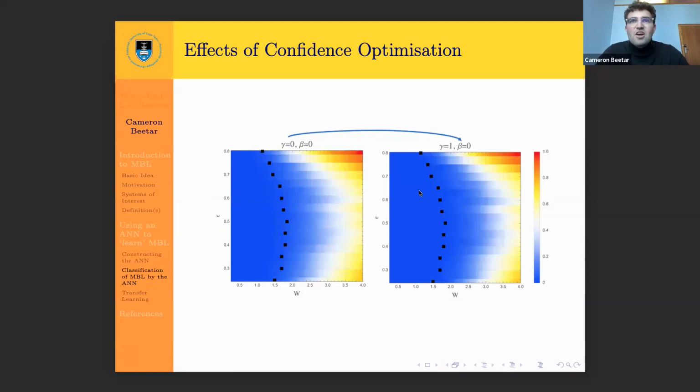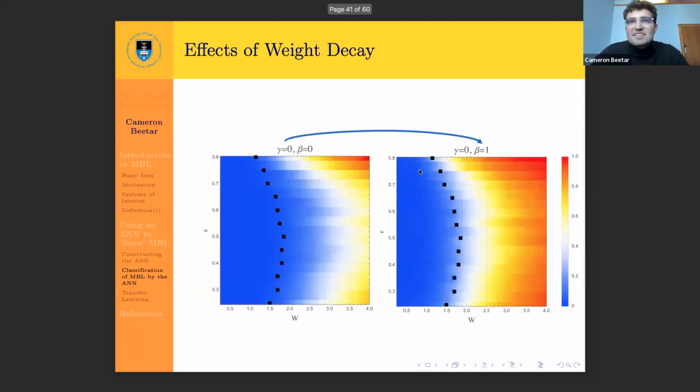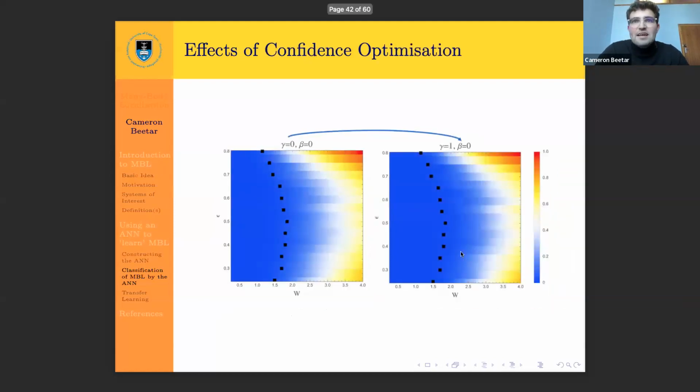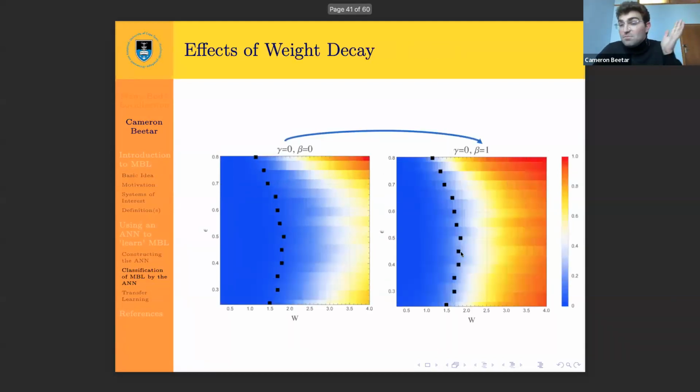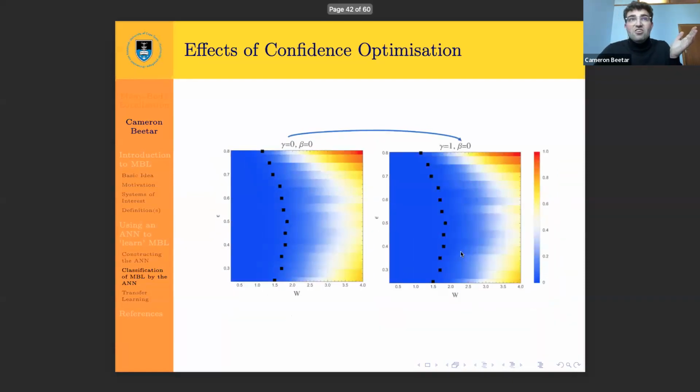Oh, and I suppose one thing I should say is that the heat map here is 1 for localizing and 0 for thermalizing, so it's moving from thermalizing to localizing. So, promising effects from weight decay, not looking so good from confidence optimization.